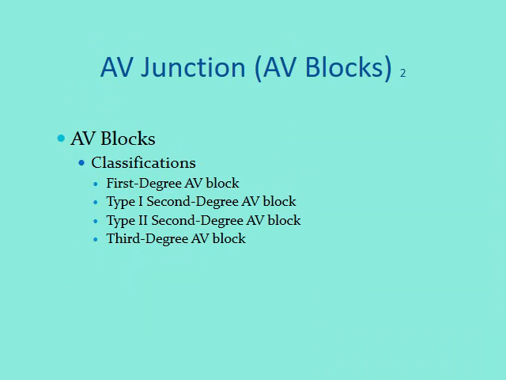All right, we mentioned these four in the last slide with the low degree and high degrees. Classifications are first degree, second degree type 1, you can say them either way, or Mobitz 1. All kinds of names for second degree blocks. And then there's second degree type 2, or a Mobitz 2.